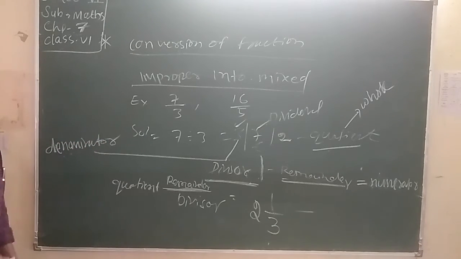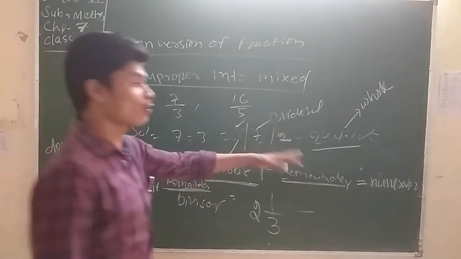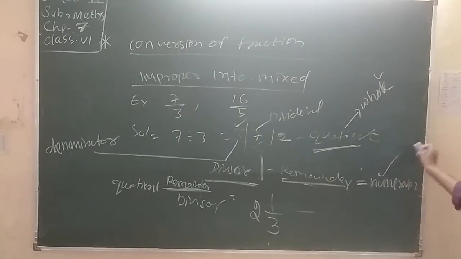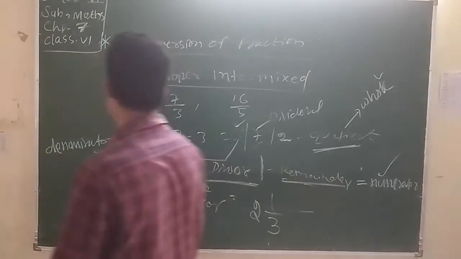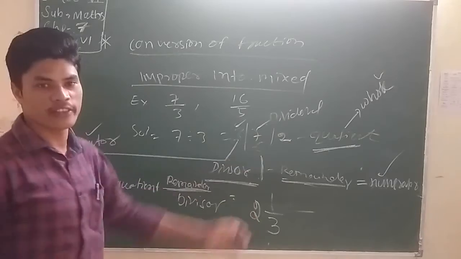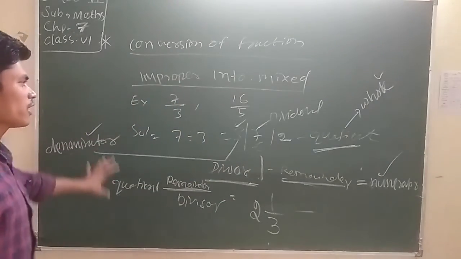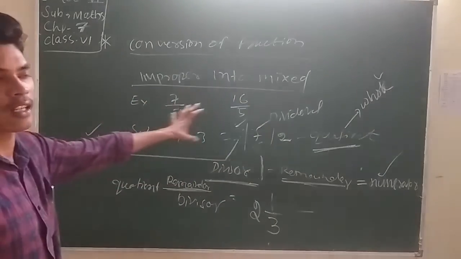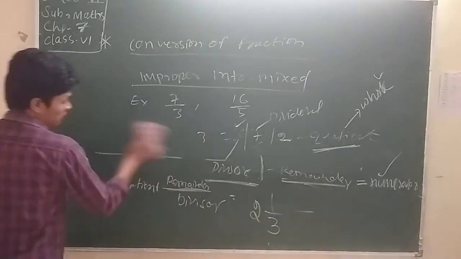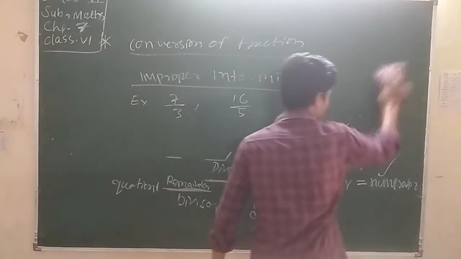Keep in your minds which number is written in which place. The quotient is written as the whole number, the remainder is written as the numerator, and the divisor is written as the denominator. Follow the process, then you can easily write the answer. Any improper fraction you can convert into a mixed fraction. See, using the process.